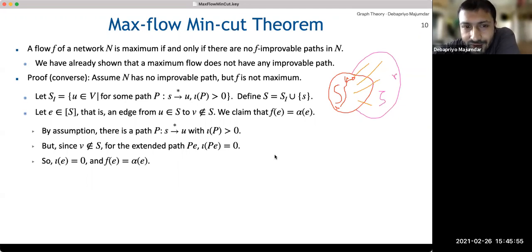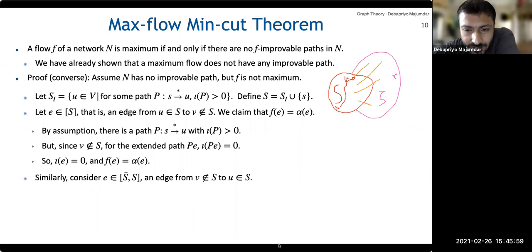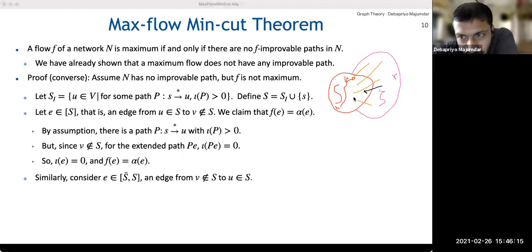Now let's prove the other side. If E is the opposite one, right? So that's possible that there are opposite edges also, like this, from S bar to S. And there should not be any flow this way.